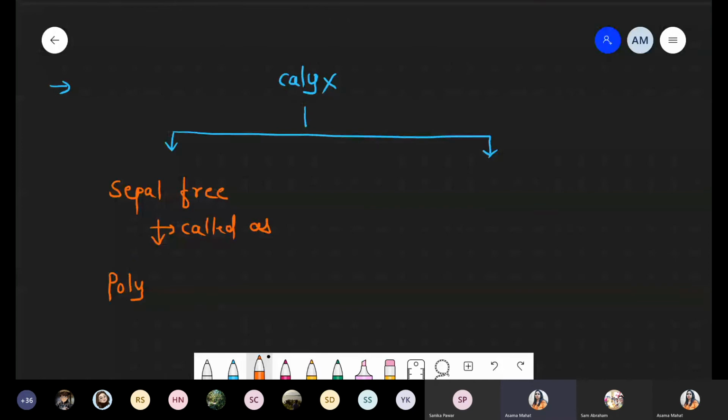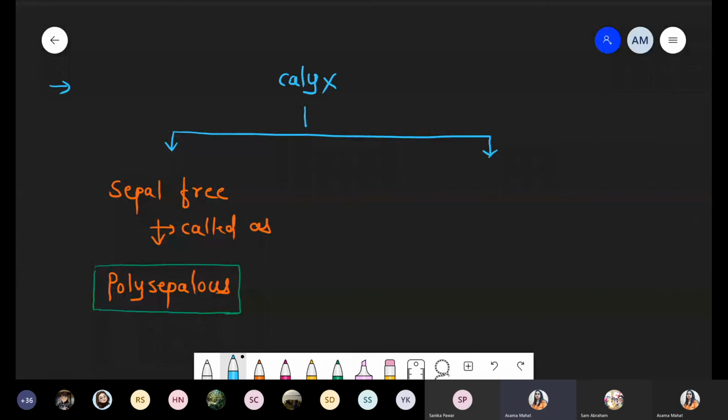Poly means many, and sepalous means sepal part. So polysepalous, please underline this word, ये हमें आगे बहुत काम में आएगा when we discuss the floral family. Polysepalous, that is free sepals. It is not showing fusion, means specific gaps are present between the sepals.